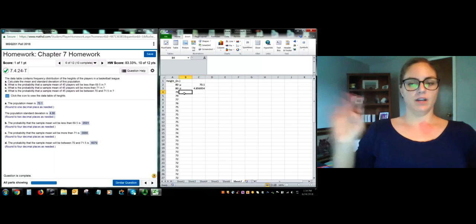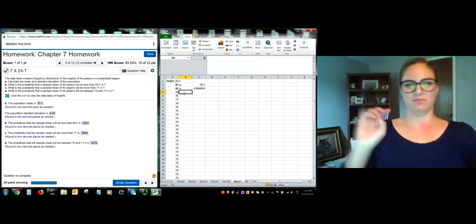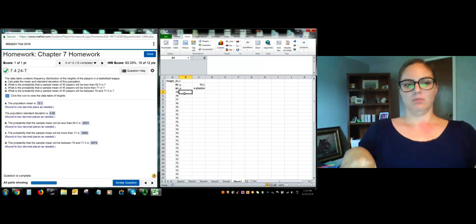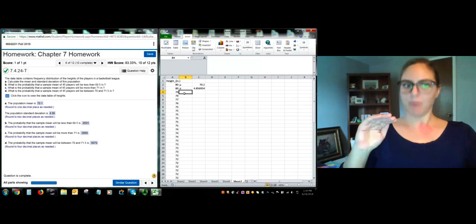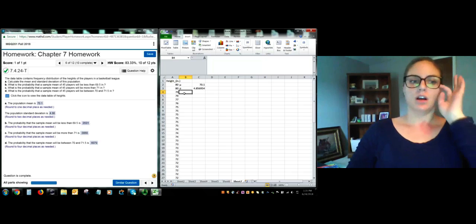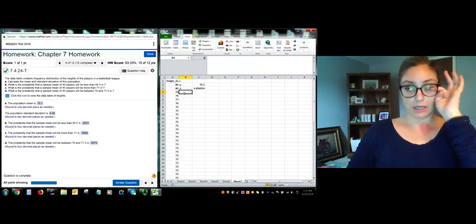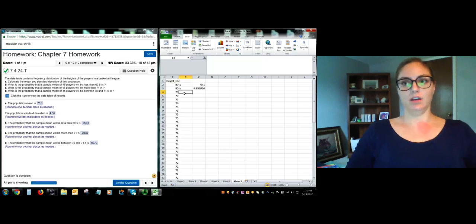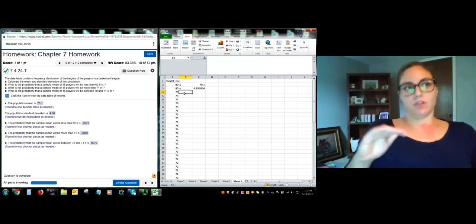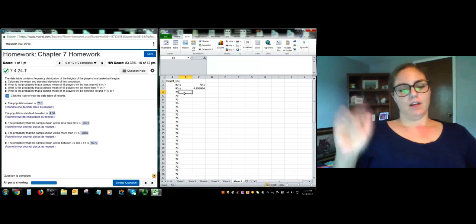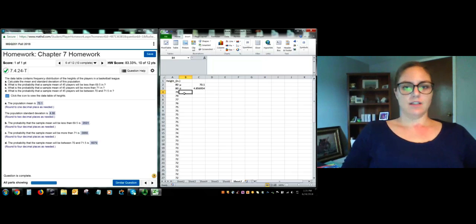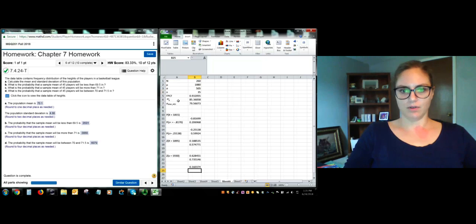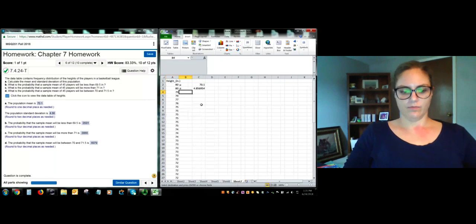Recall now, because this is a finite population, and it's kind of pushing it at you here, the first two parts of the problem give the population standard deviation. So now when they're asking us the probability, we have to immediately apply that finite population correction factor to our standard error of the mean.